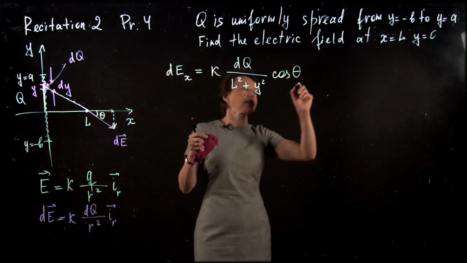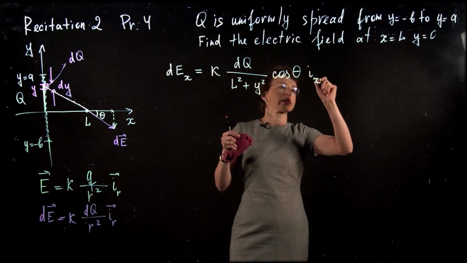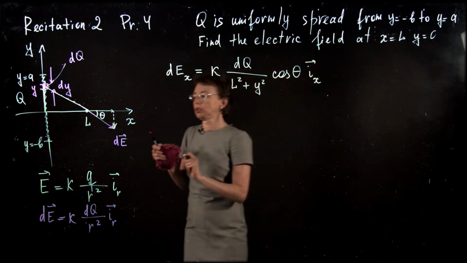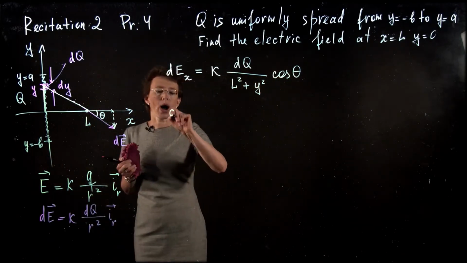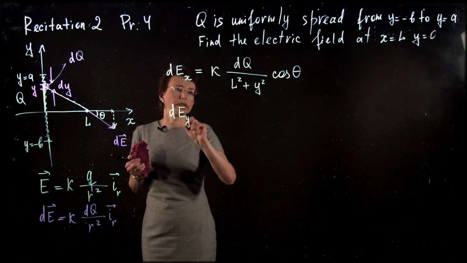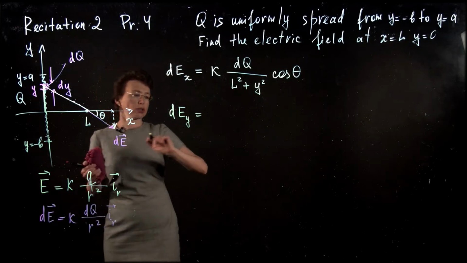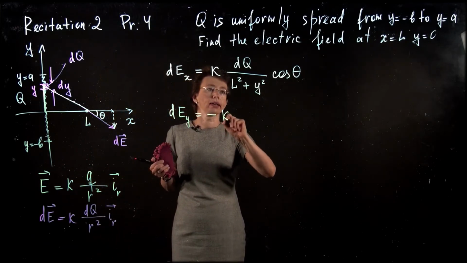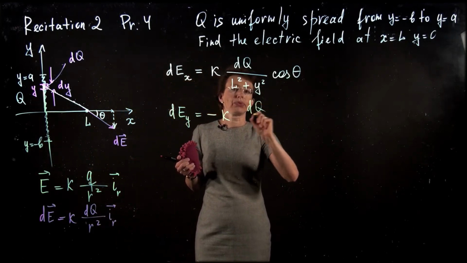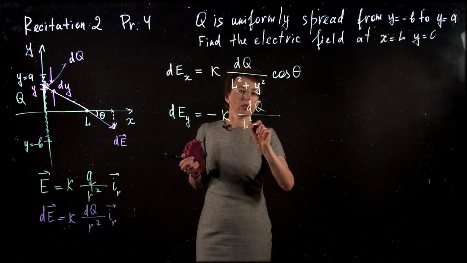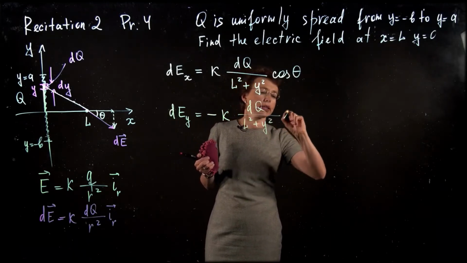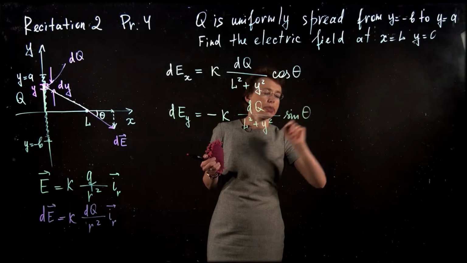We put plus here, and this is the x component, and we don't forget to put unit vector i_x. The y component of the electric field, dE_y, is negative. So I have minus k dq divided by L squared plus y squared, and we multiply by sine theta.